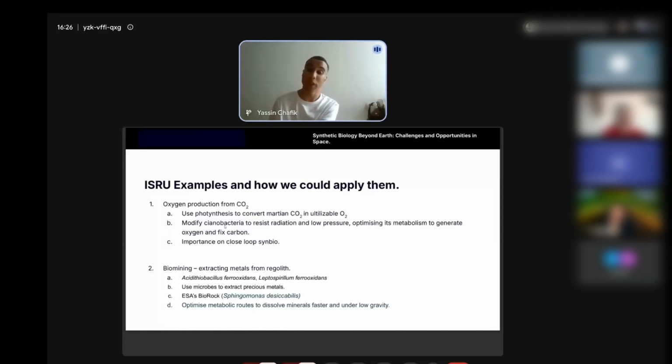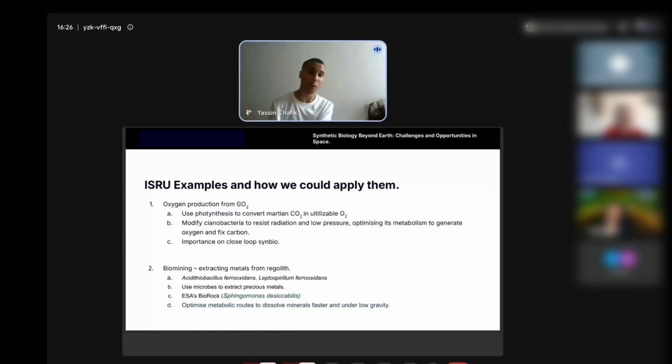And it would be of great importance for closed-loop synthetic biology, because from the start you are using the resources of space, in this case Martian CO2, and you are turning it into something that you need, which is oxygen. That would create a loop, because afterwards humans and their infrastructure would breathe that oxygen, and then we would create more CO2, which would start the loop.